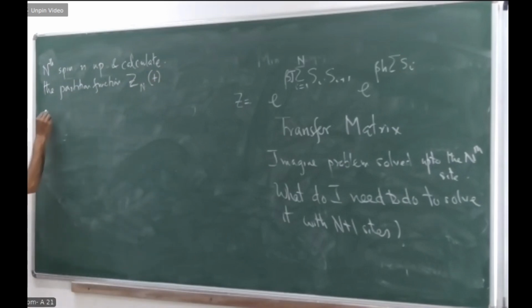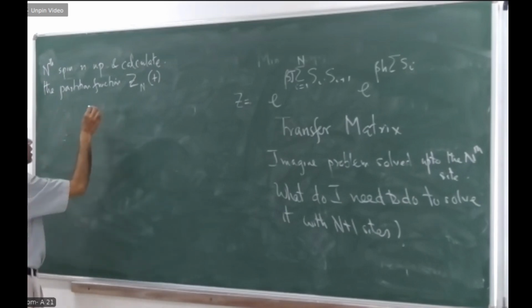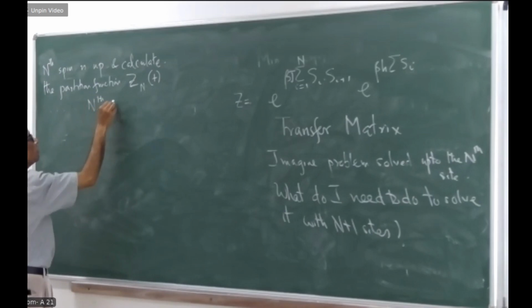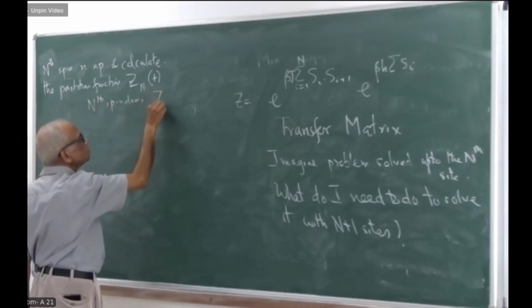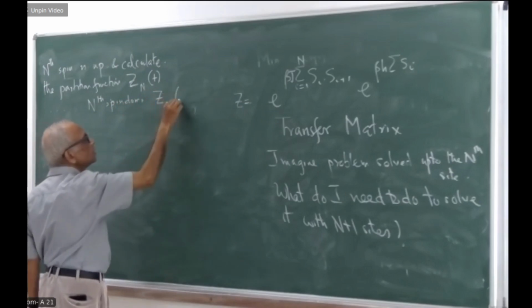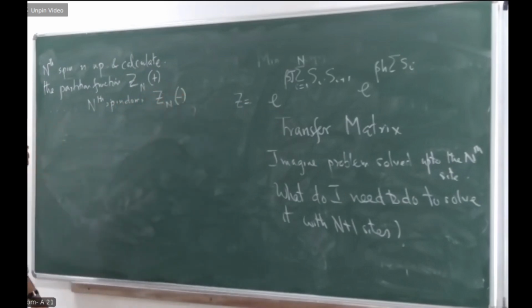And then I do the same, and with the nth spin down, I calculate the partition function and call it Zn minus.